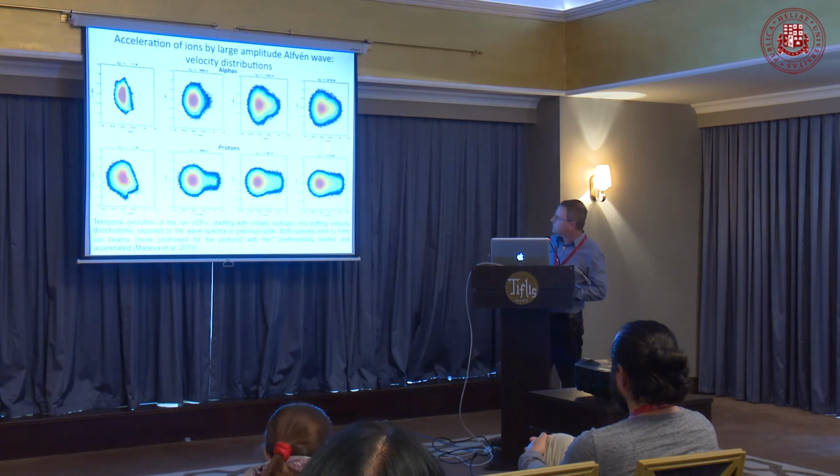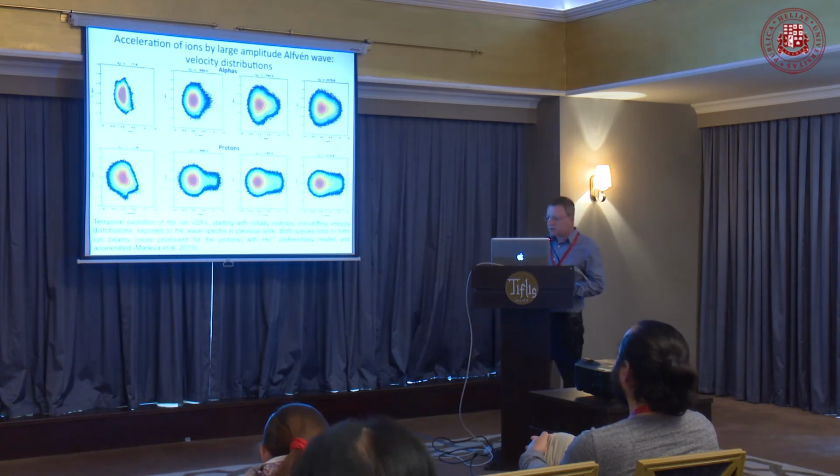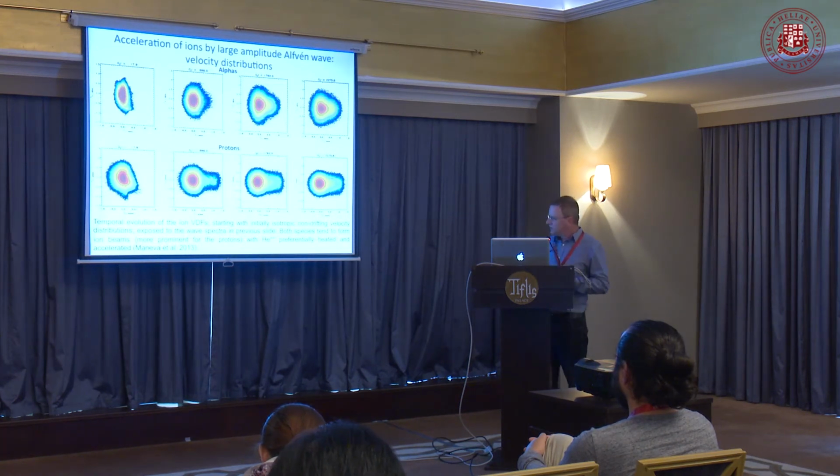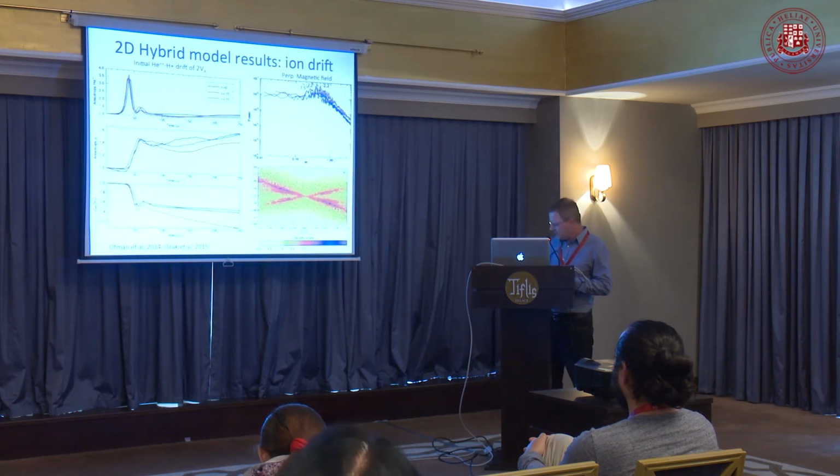This is the extent that you can see here, where the direction of the magnetic field is parallel. These are the velocity distribution functions, but of course you can use them to calculate the moments, all the fluid quantities.